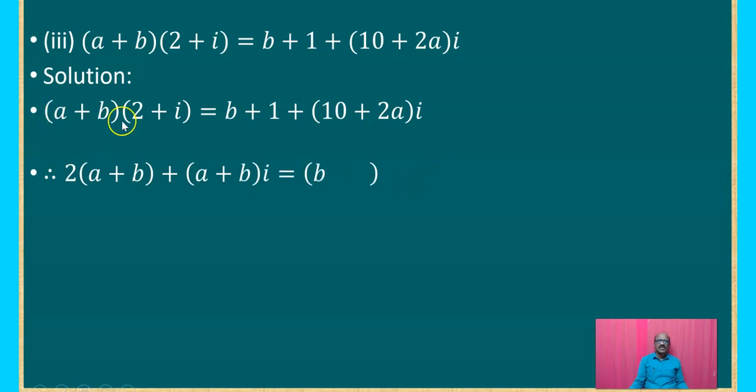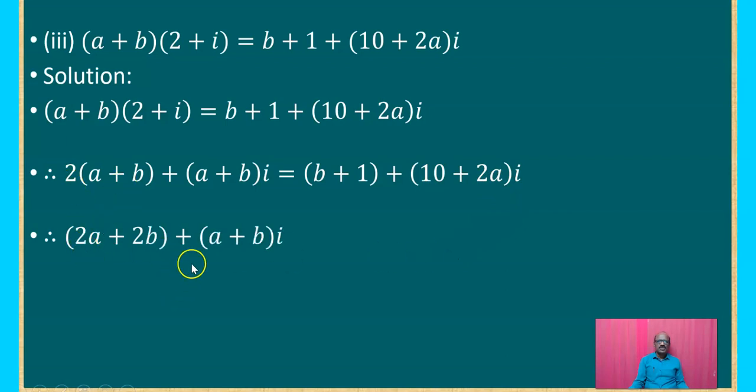Their simplification, a plus b into 2, next is a plus b into i, next is b plus 1, 10 plus 2a bracket complete into i. That is 2a plus 2b plus a plus b bracket complete into i is equals to b plus 1 plus in next bracket 10 plus 2a bracket completed into i.